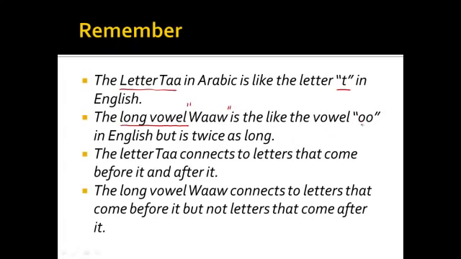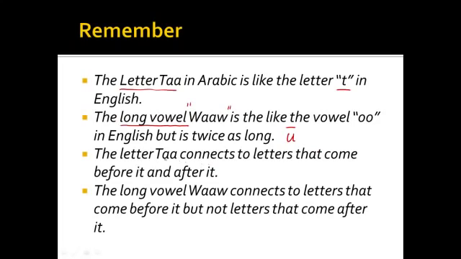But here, remember, it's different because it's twice as long. It's longer than the oo. It's ooh, ooh. Okay? And we'll write it like this, a U with a line over it to indicate the ooh sound when we transliterate.